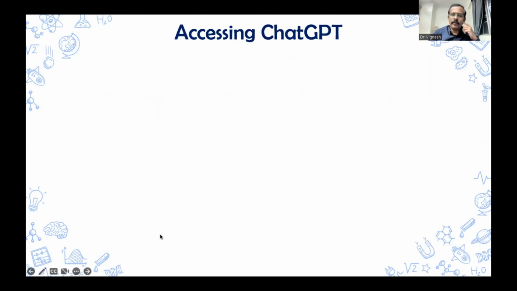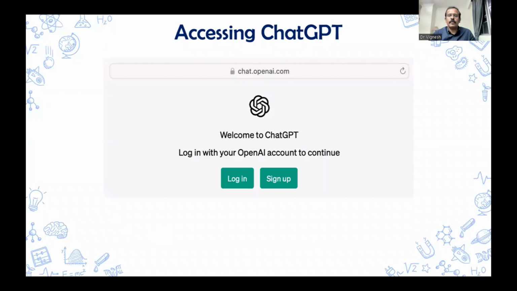So for people who have not used ChatGPT yet, the uninitiated, it can be accessed by typing chat.openai.com in any browser. You have to go and sign up, and immediately you can start using it.